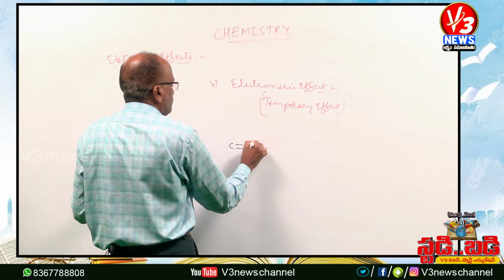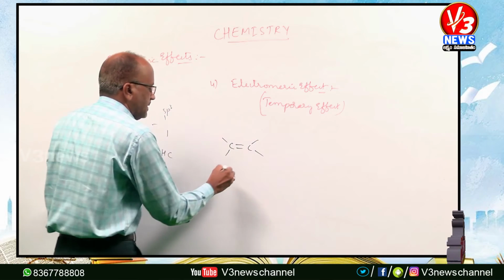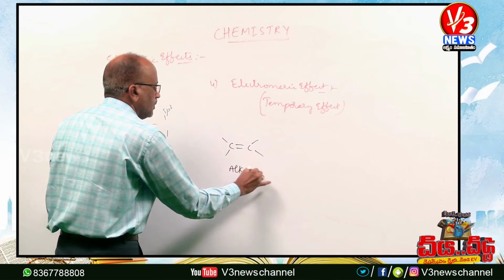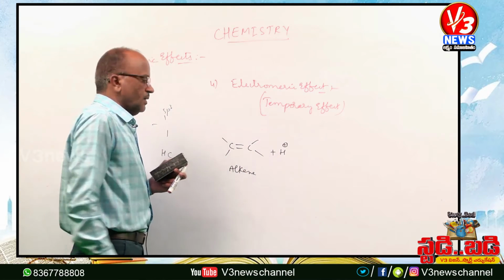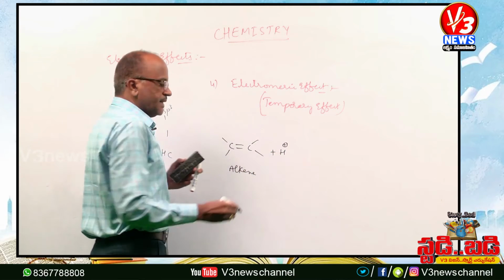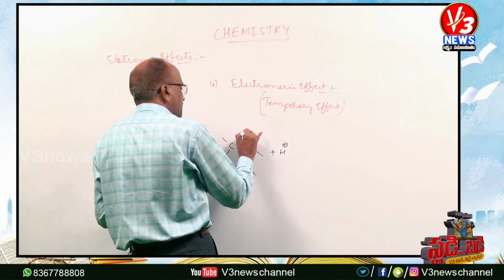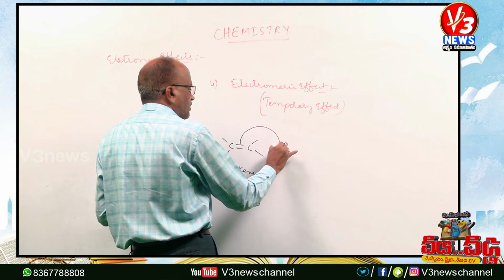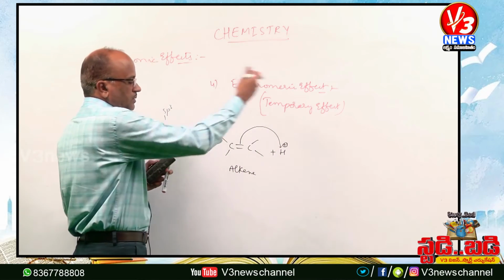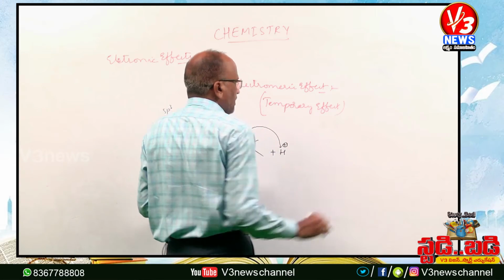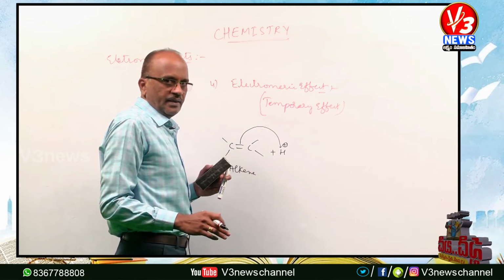We will see one example. Let this be an alkene. H plus is reacting with this one. H plus is electron deficient. That is why this pi electron pair is taken by this hydrogen. So this effect is called the plus electromeric effect.